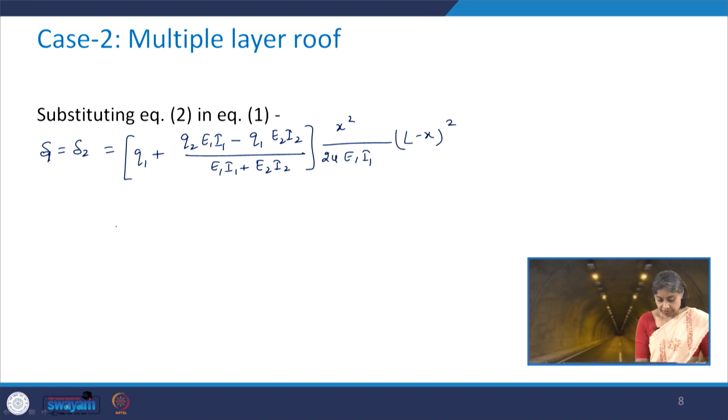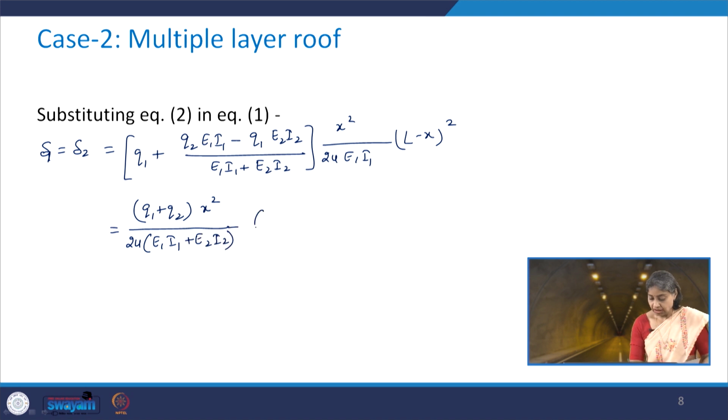And therefore, simplifying this, you will get an expression like this: x square divided by 24 E1 I1 plus E2 I2, into L minus x whole square.